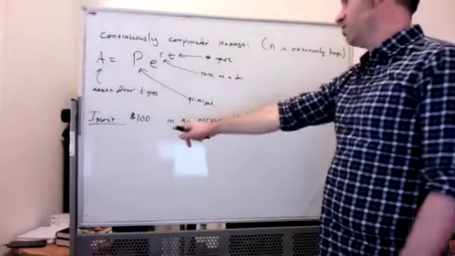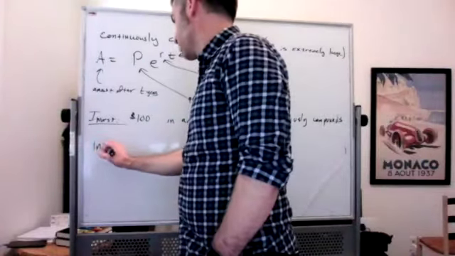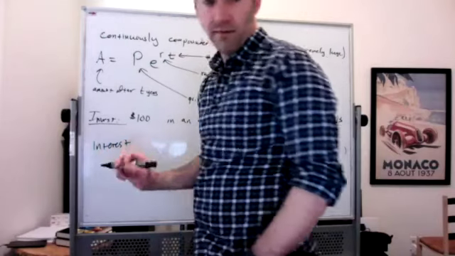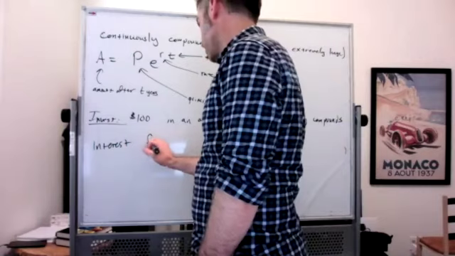So $100 in an account that continuously compounds interest for how long have we got here? For 20 years.